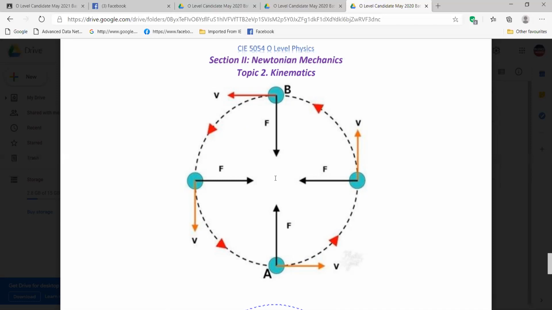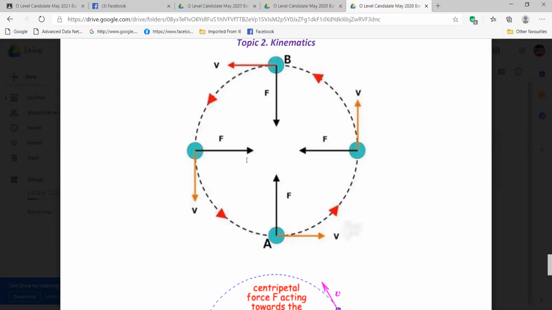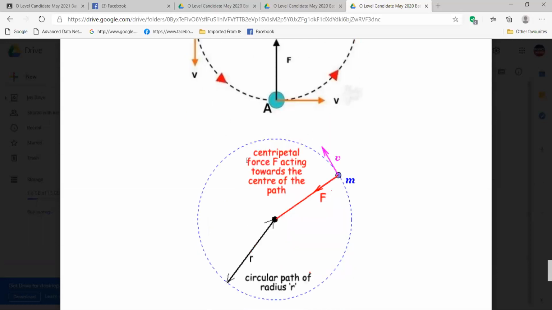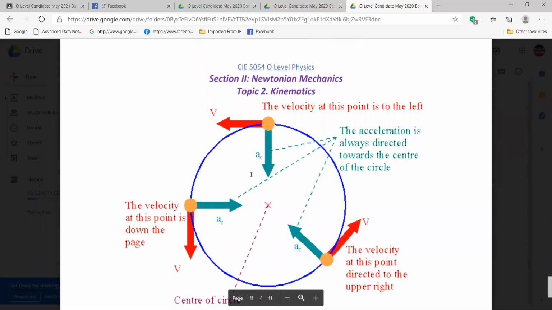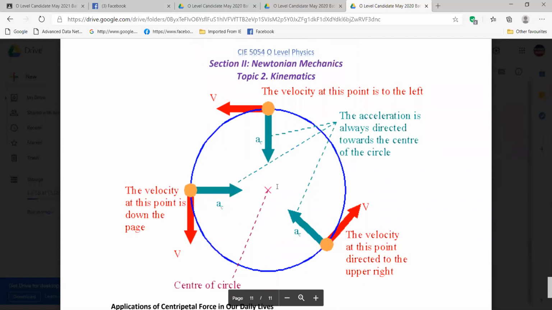One force works towards your finger, and your finger gives another force opposite to it. So there is one force working towards the center of the circle, that is called centripetal force. As there is centripetal force, according to Newton's second law, we also have centripetal acceleration, because there will be acceleration in the direction of the resultant force.